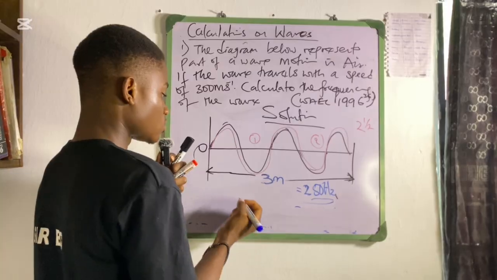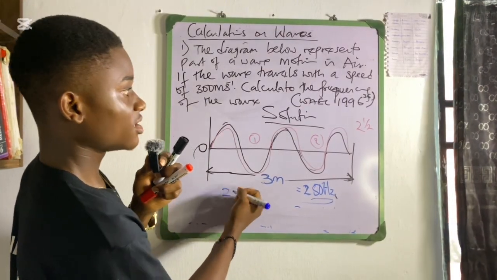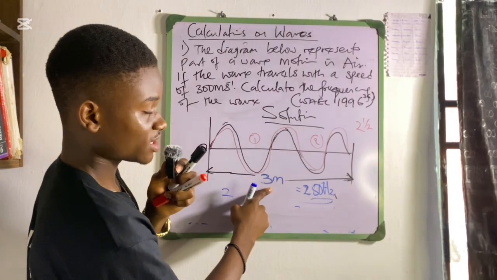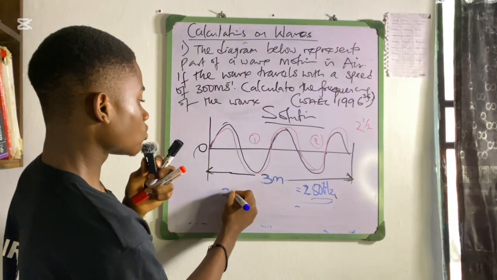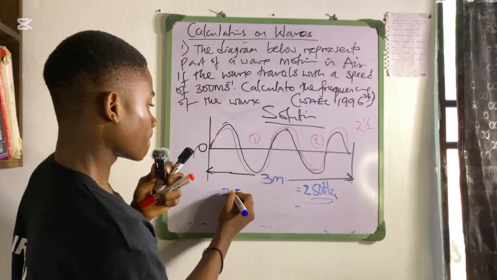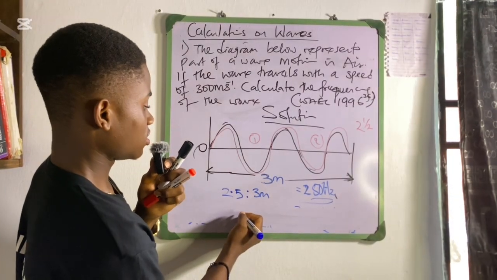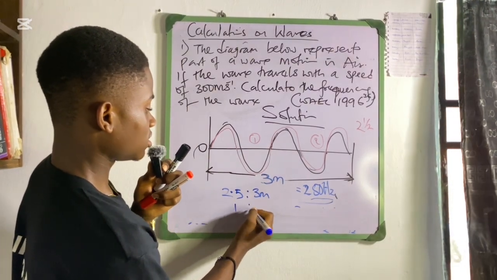When we have 2.5 wavelengths, the distance is 3 meters, so 2.5 is to 3 meters. We are going to get 1 is to x.